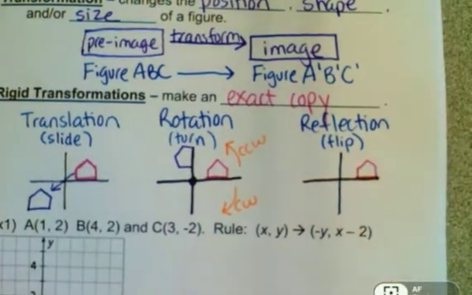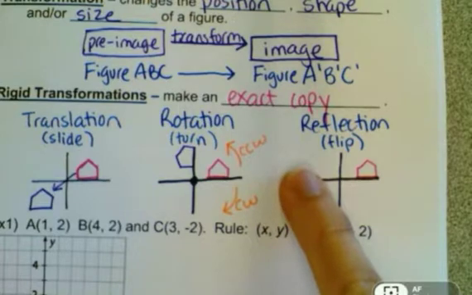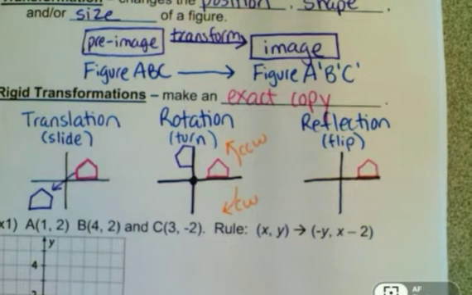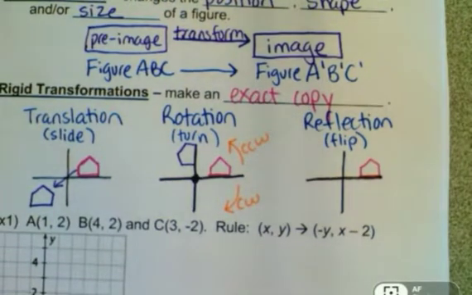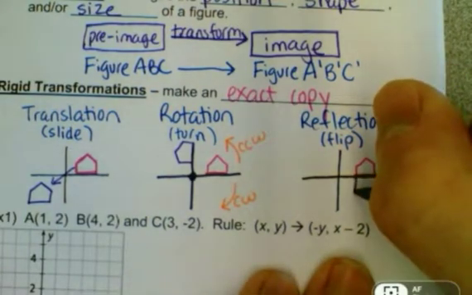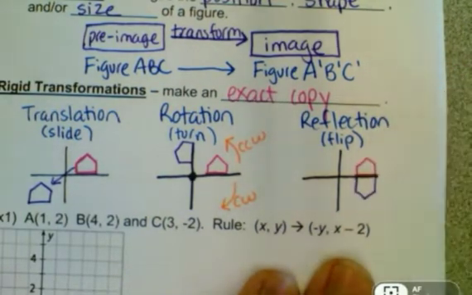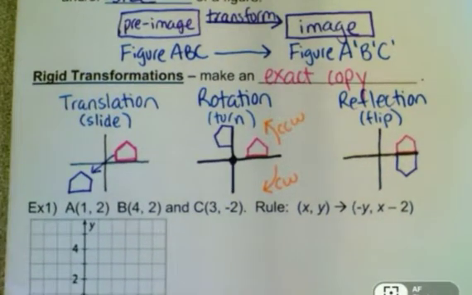And we can flip this over lots of different lines as you saw in the video, but if I flip it over the y-axis, over there, I hope you can see that that might also look like a translation, a slide. And so I want to make it obvious that what we're doing here is a flip. So I'm going to flip it over the x-axis, upside down, and it's going to look something like this. So those are just little informal examples of the three types of rigid transformations.